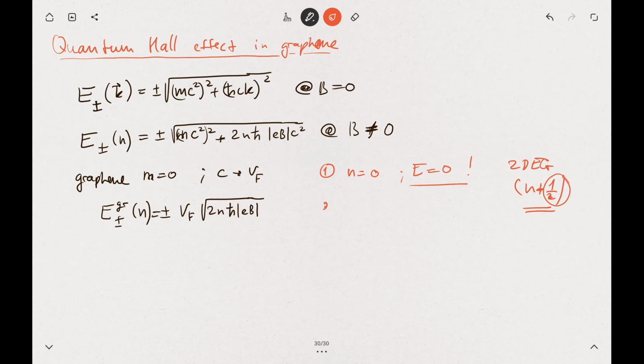Then the second one is that the energy of the Landau level is proportional to the square root of B in graphene, and in the 2DEG, it's proportional to B. That's in the two-dimensional electron gas.